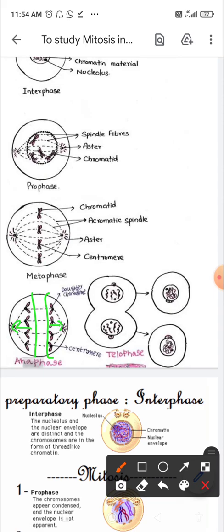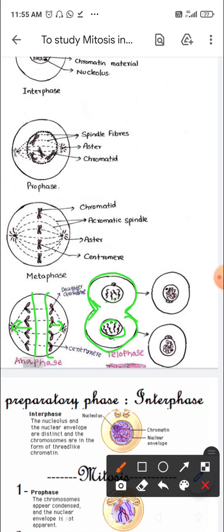Once they have moved to the opposite poles, the nuclear membrane forms again. You can see that dot is the nucleolus that is formed, and you can see how the cytoplasm starts deepening. Cytokinesis has to take place here. Cytokinesis is division of the cytoplasm. So a furrow like this is being formed.